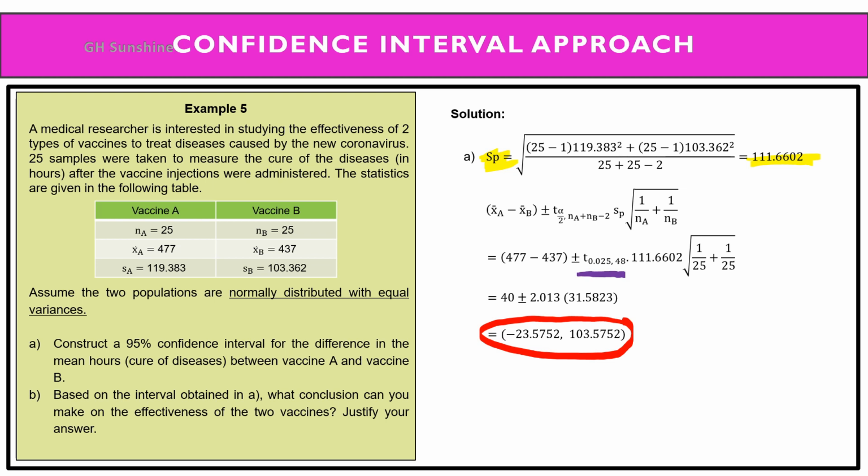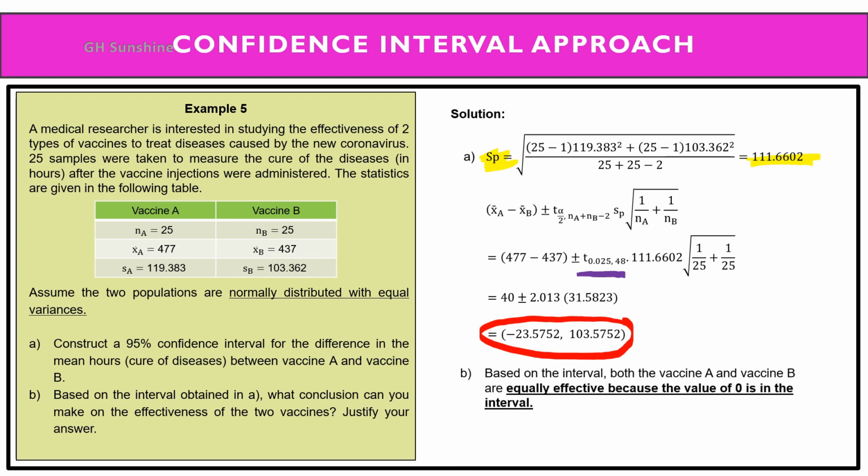Yes. Therefore, based on the interval, both vaccine A and vaccine B are equally effective because the value of 0 is in the interval.